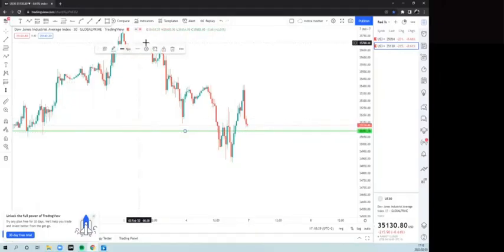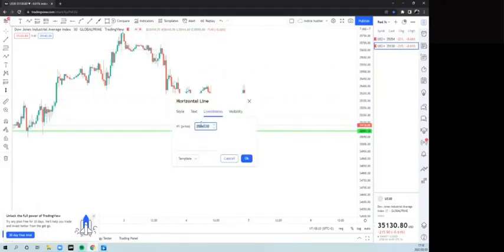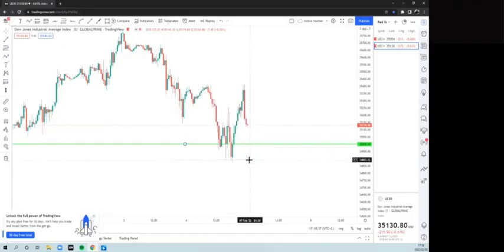So this is what I do. I go to settings, coordinates, and I just add my round figure in. See, the strategy is based on precision, to get those perfect entries and those perfect take profit levels.